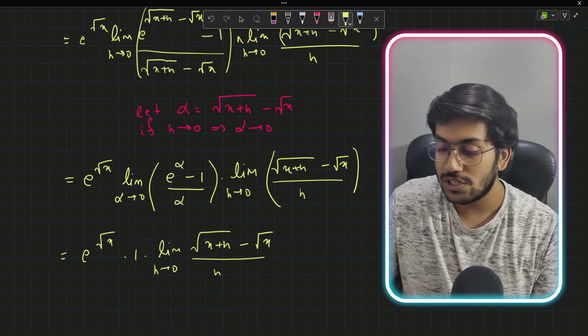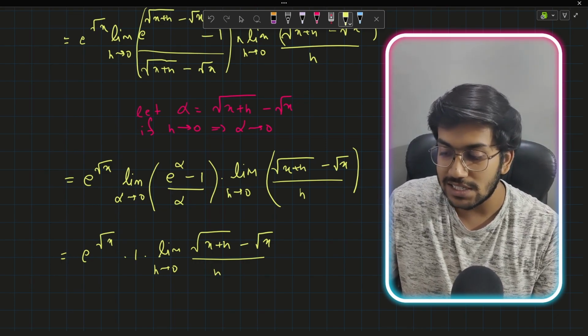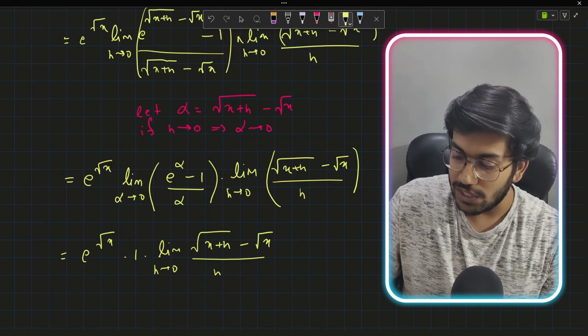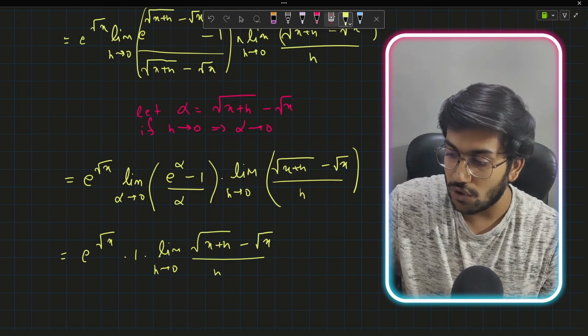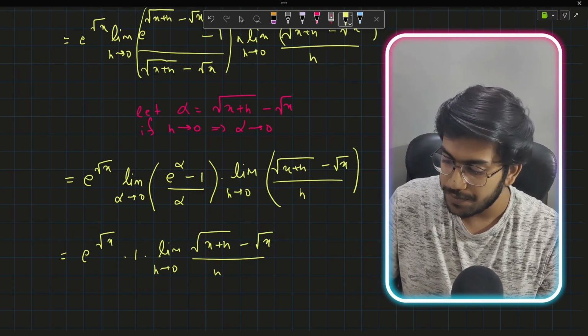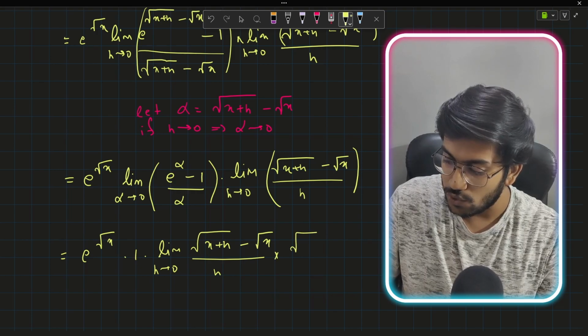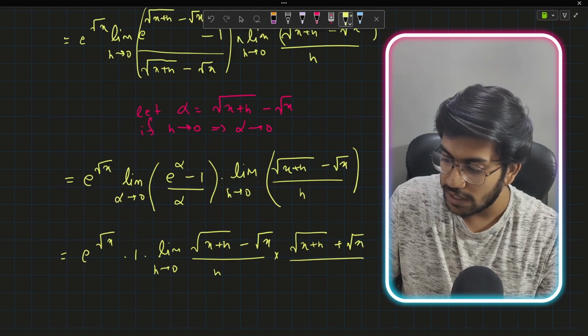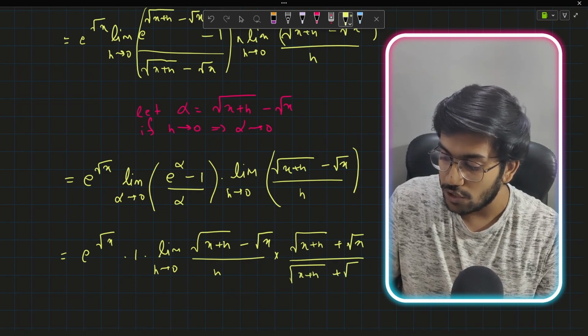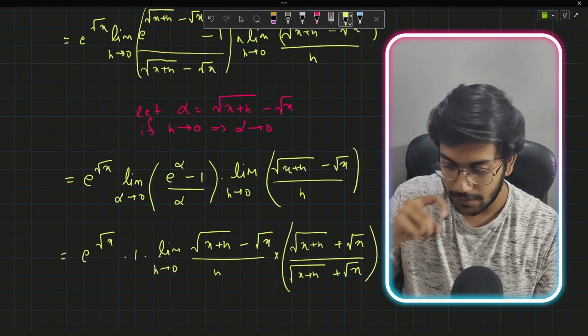And let's now just multiply and divide this expression with the conjugate of this, not exactly the conjugate, but this times root x plus h plus root of x, and the same number in the denominator, root x plus h plus root of x. Fine.